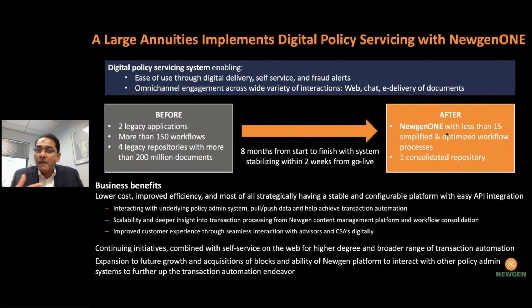We found ways to optimize several of those. So if you recall one of my earlier slides where I mentioned unlocking that simplicity on the complex processes that you are doing, we rationalized more than 150 workflows into less than 15 simplified and optimized business process workflows.